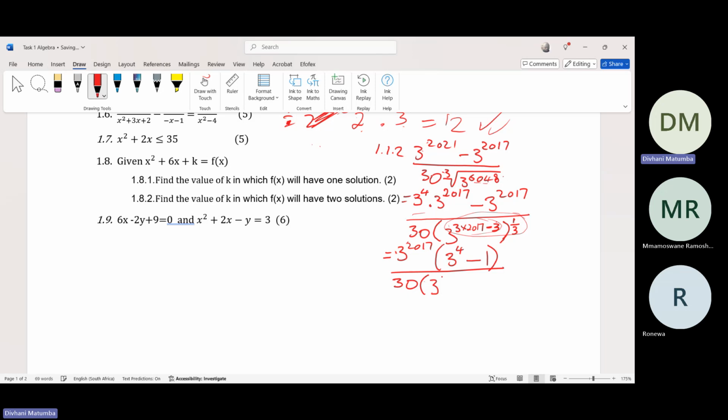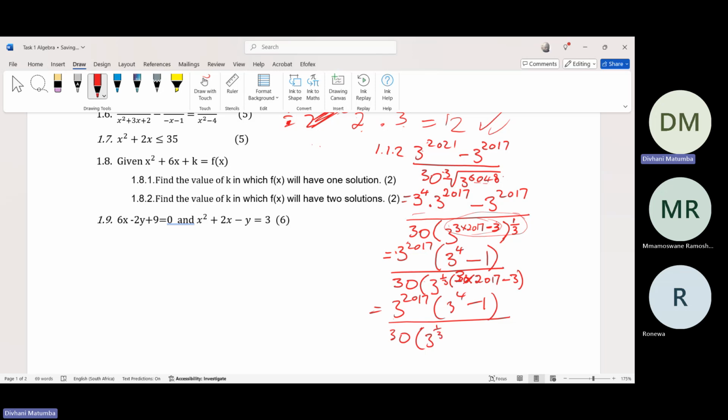We're gonna get 3 to the power of 1 over 3 times 2017 times 3 minus 3, all divided by 30 times 3 to the power of 1 over 3.